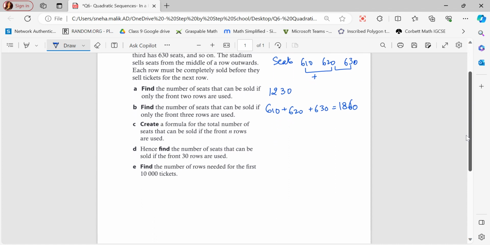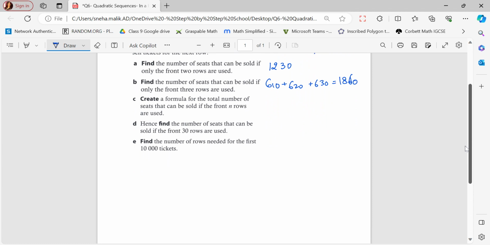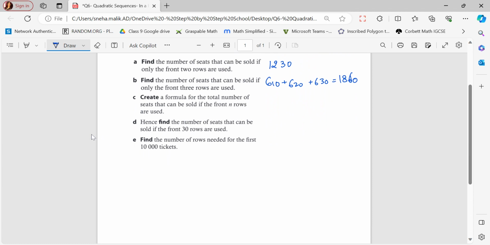Now, it is asking us to create a formula for the total number of seats that can be sold if n rows are used. That means I'll have to create a fresh sequence. If the first row is sold, the seats that can be sold are only 610.